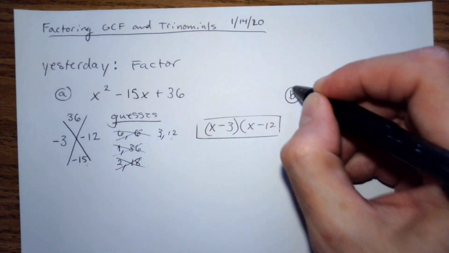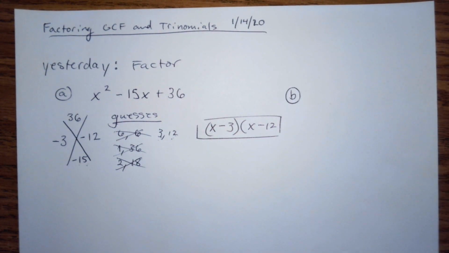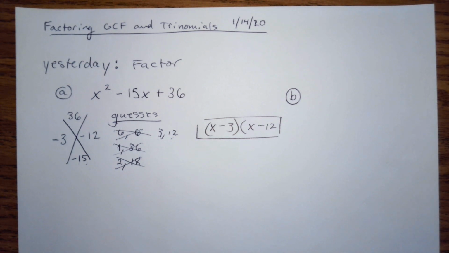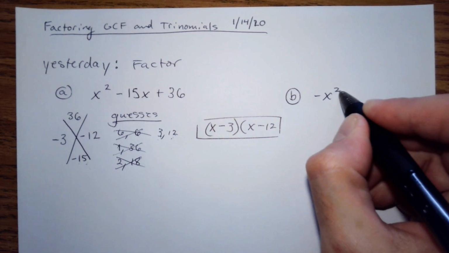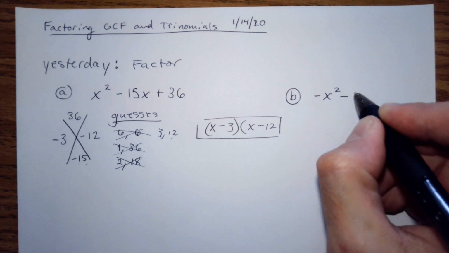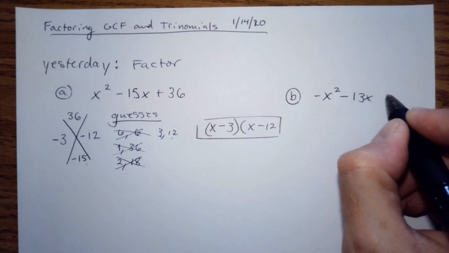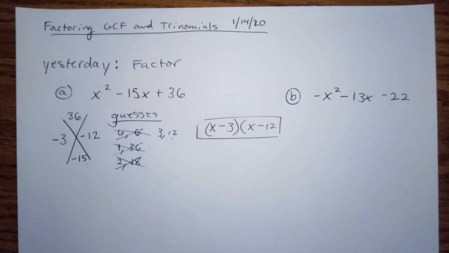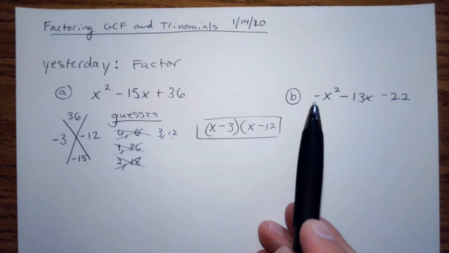We also did something like this, where we had the same thing, except for when the first term was negative, we would divide by a negative 1.